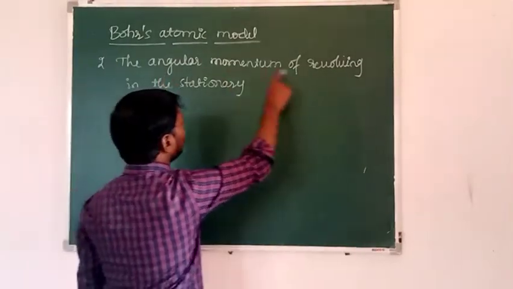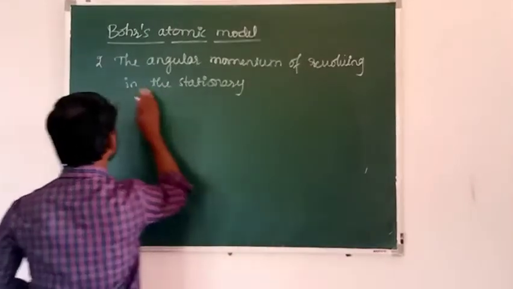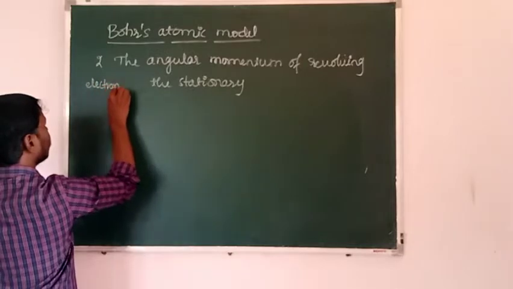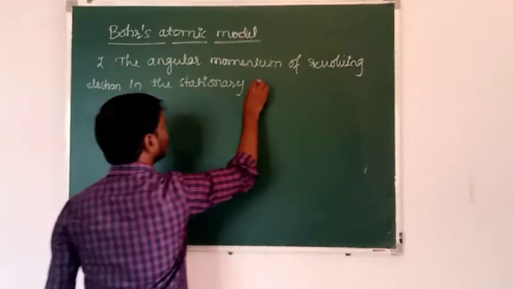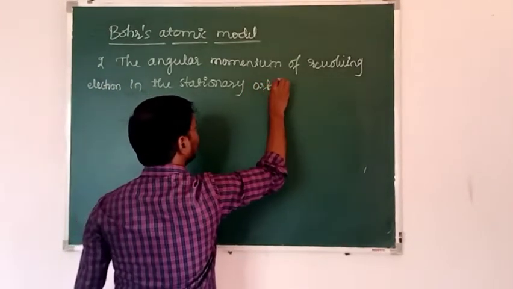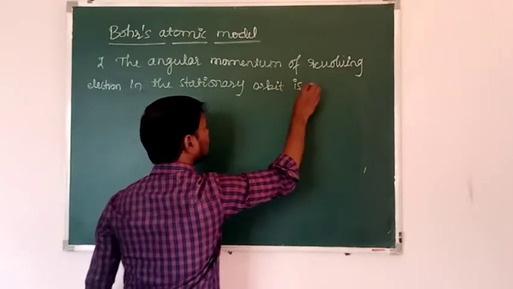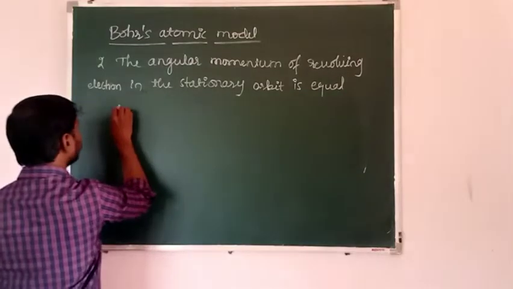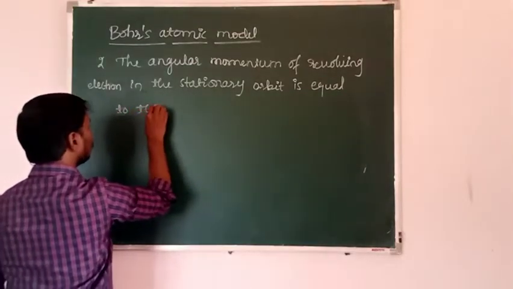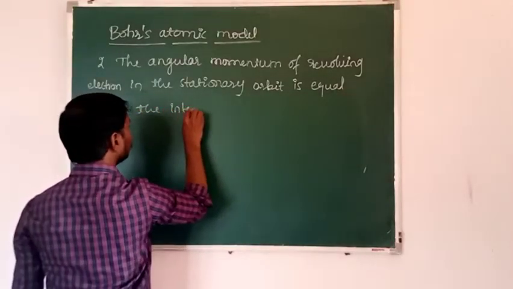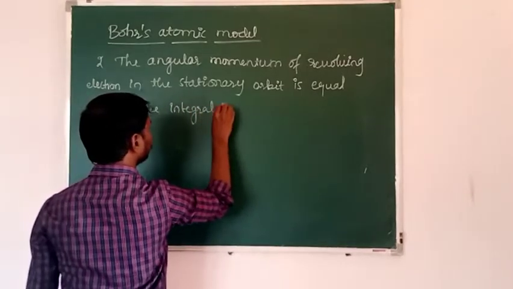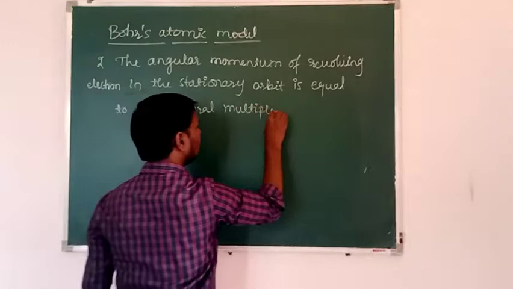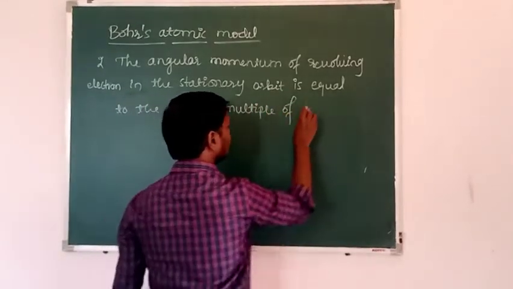The angular momentum of revolving electron in the stationary orbit is equal to the integral multiple of h by 2 pi.